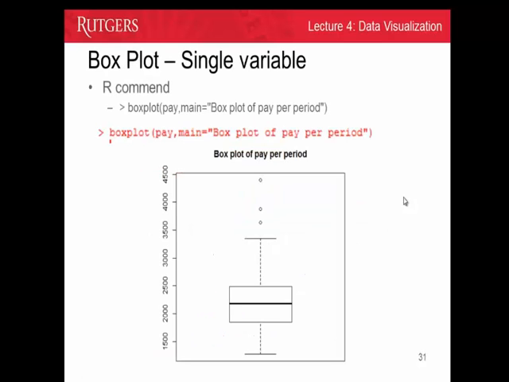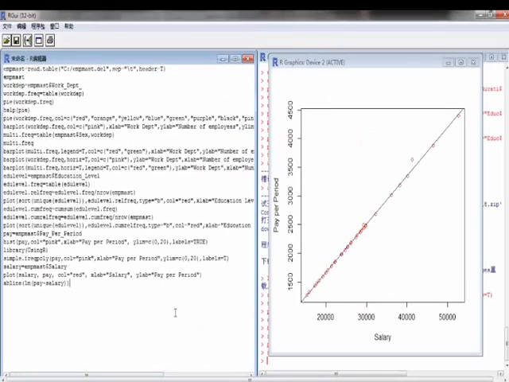So let's take a look at an example of the box plot. Here I want to show you the box plot of the pay per period column. Let me show you how to make it in R. In R, there is a function called boxplot. So we're going to use this function.